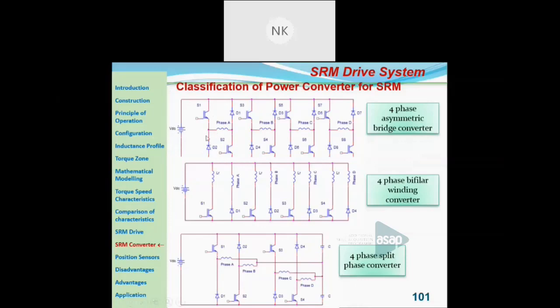When it is in off condition, the energy will be fed back to the supply through D1 and D2. And if you have a bifilar winding, it will have two identical and magnetically coupled coils. When this is turned on, the circuit will be completed like this. And when it is turned off, the circuit will be completed through the diode and this winding.